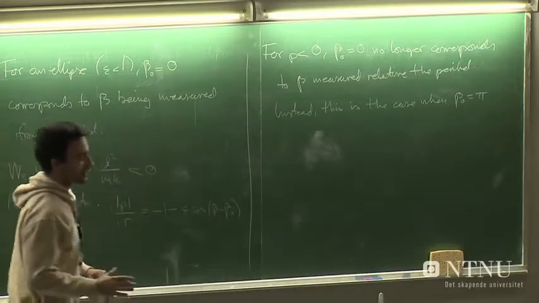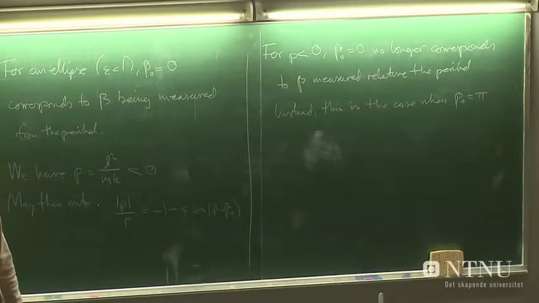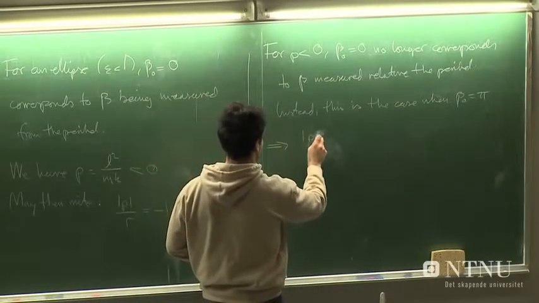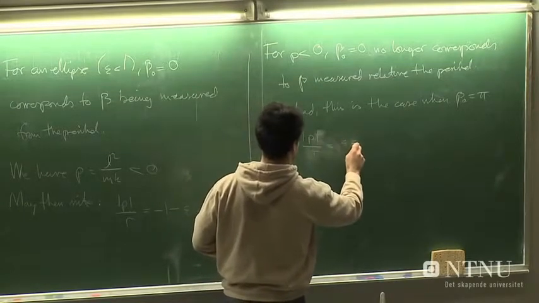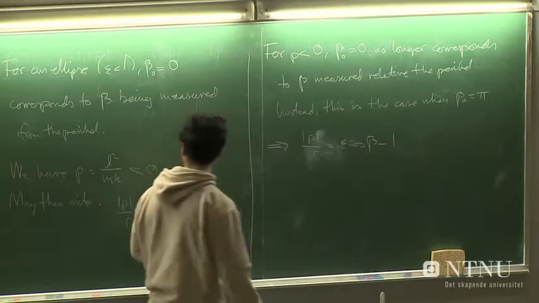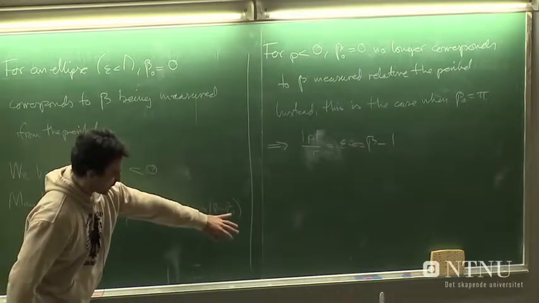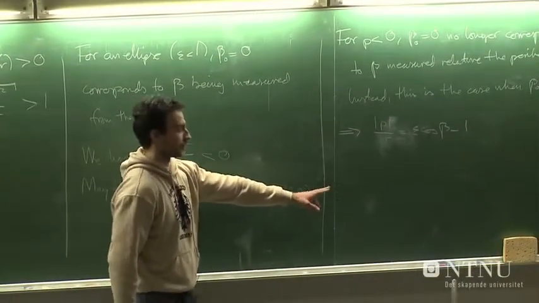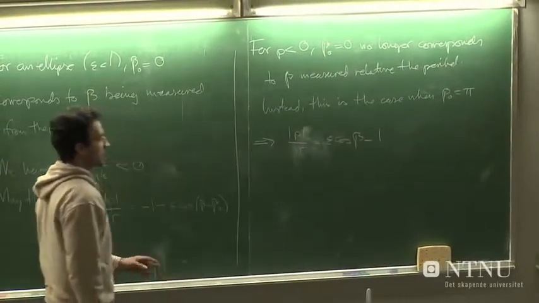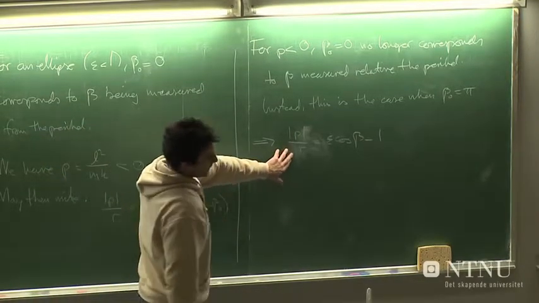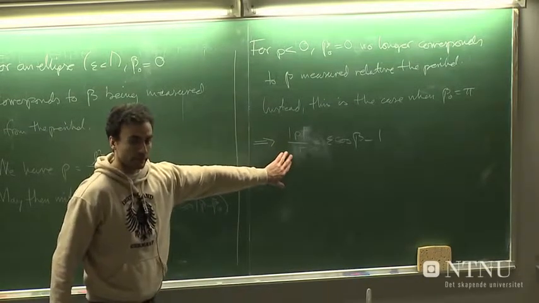Instead, in the present case, this is obtained when beta 0 equals pi. So if beta 0 is chosen as pi, I get cosine of beta minus pi, which is equal to minus epsilon cosine beta. And the equation can be written like this. So this left-hand side is now a positive quantity, exclusively. It's always positive.